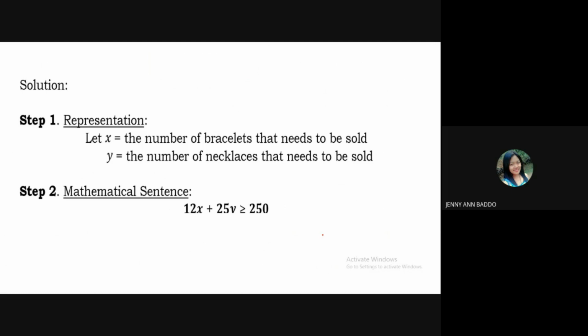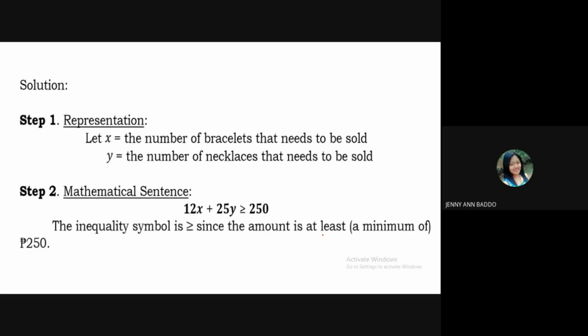So we have 12x plus 25y is greater than or equal to 250. The inequality symbol is greater than or equal to since the amount is at least. That means a minimum of 250 pesos.